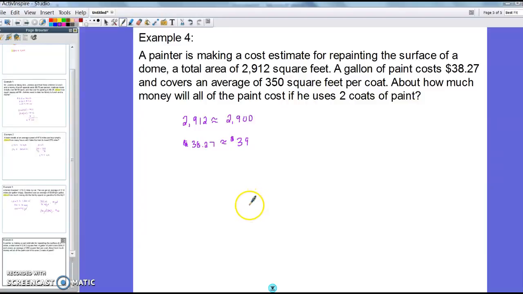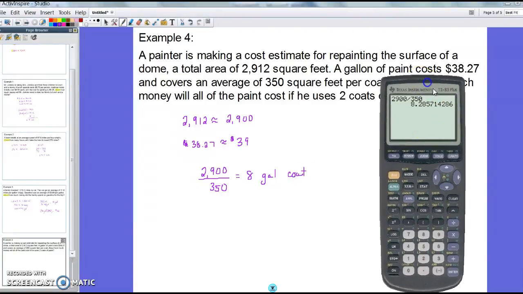So let's first determine the approximate number of gallons needed for 2 coats. So if I have 2,900 square feet and a gallon of paint covers 350 square feet per coat, if I divide that by 350, that comes out to be 8 gallons. Yeah, 8 gallons per coat.